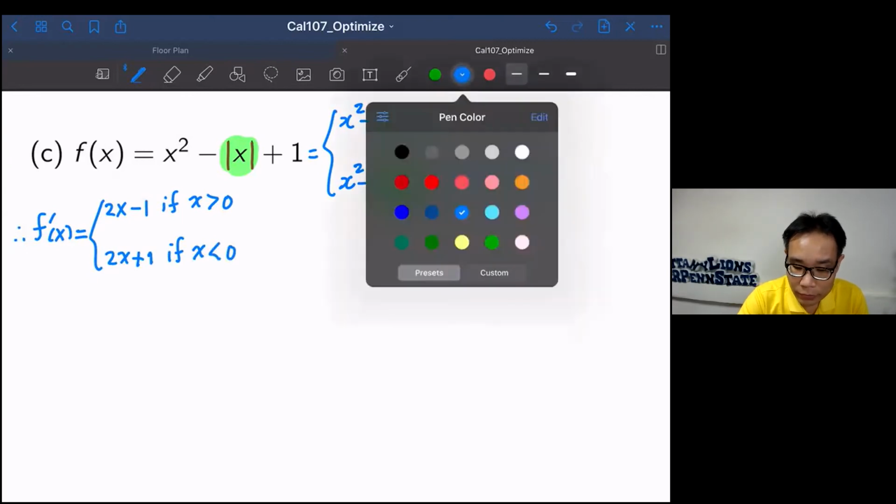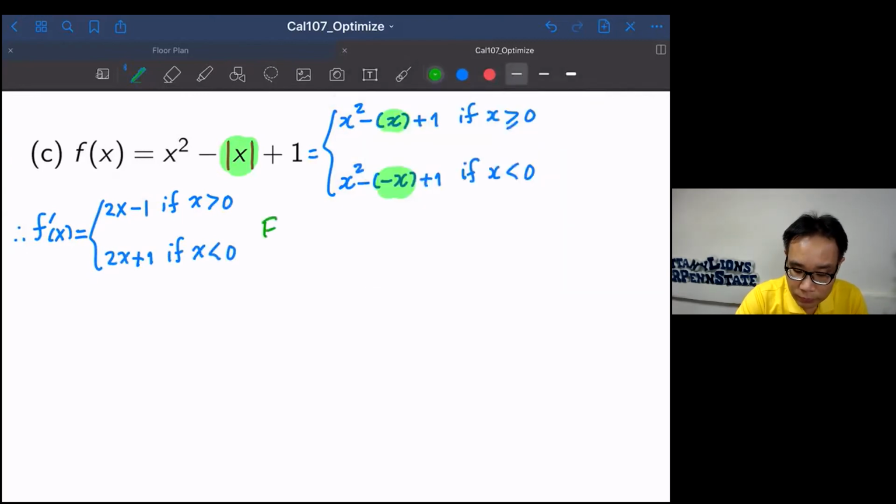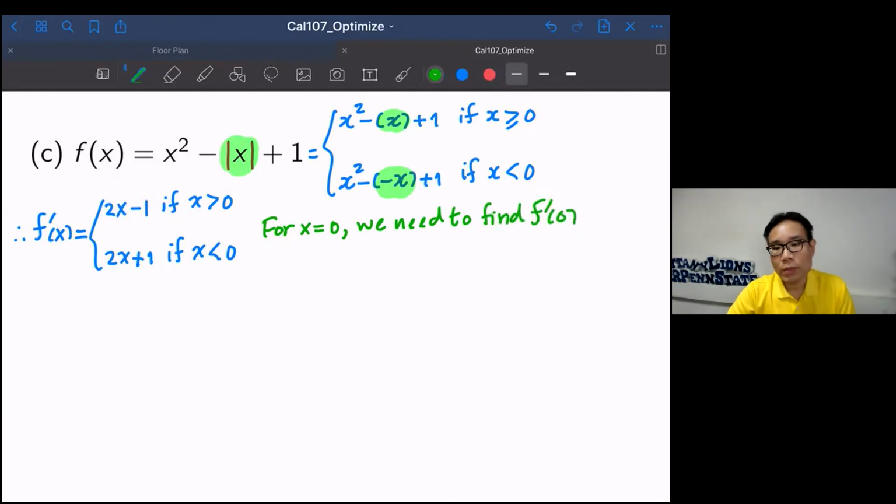However, for x equal to 0, we need to find f prime of 0 by the limit definition.